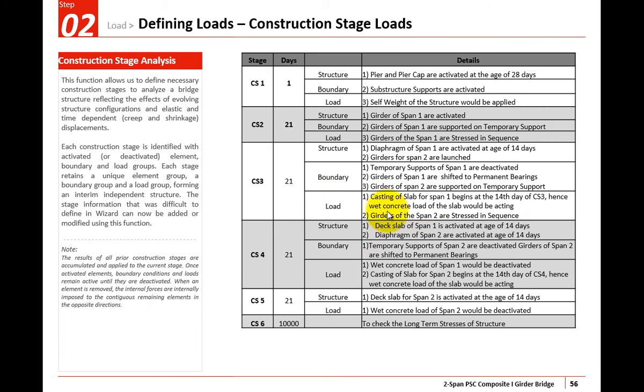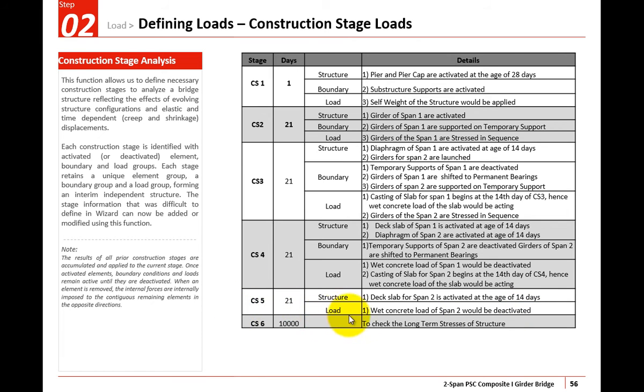And then in CS4 you have 21 days duration, where the temporary supports of the span 2 would be deactivated and the span 2 girders would be switched to permanent bearings, and these are all the loads that would be acting in the respective construction stages. And in CS5 the deck slab for the span 2 would be activated, and the wet concrete load of the span 2 would be deactivated in CS5 itself.